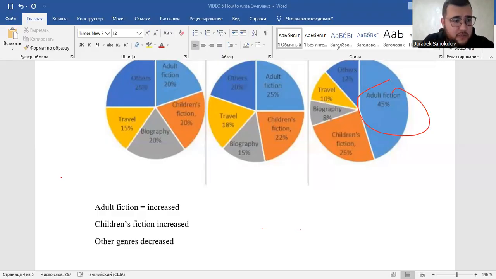Now let's turn them into an overview. Adult fiction showed the biggest rise.